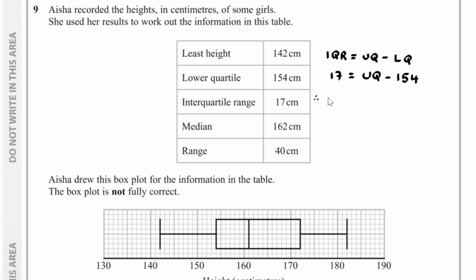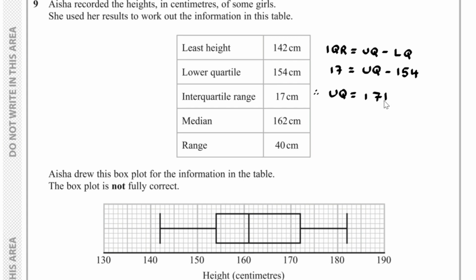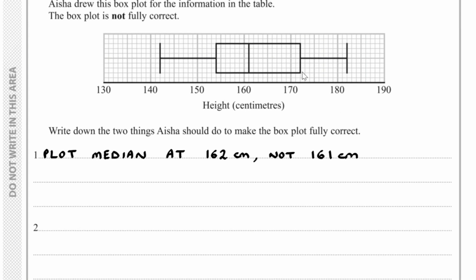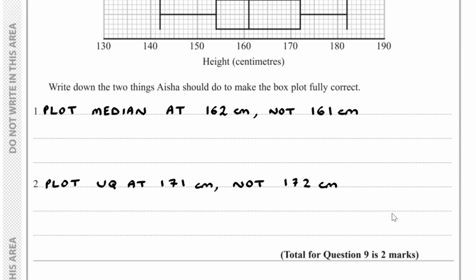And so therefore the upper quartile is equal to 171. And so they've plotted the upper quartile at 172, so we could plot the upper quartile at 171 centimetres, not 172 centimetres.